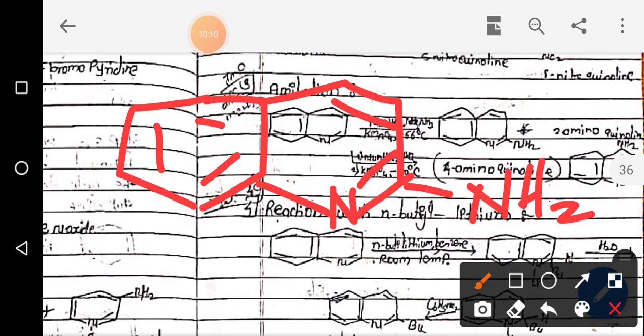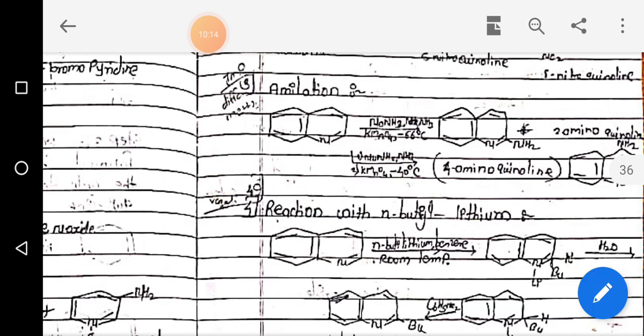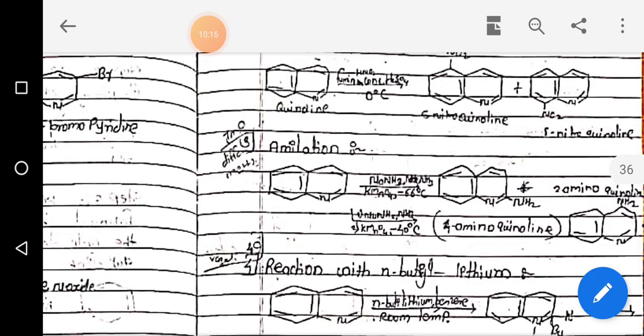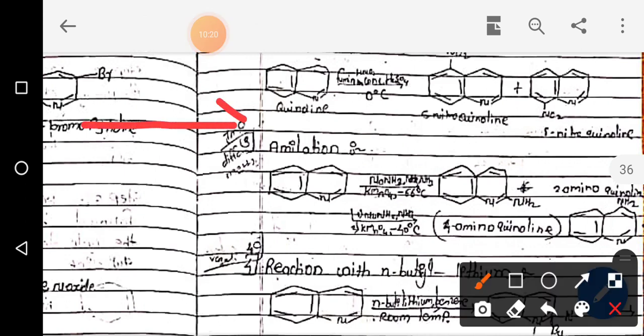Then one further step takes place, that is the arrow written here. In the next step, with NaNH2 and NH3 again, the 4-amino product is also formed, which means we will get two products.